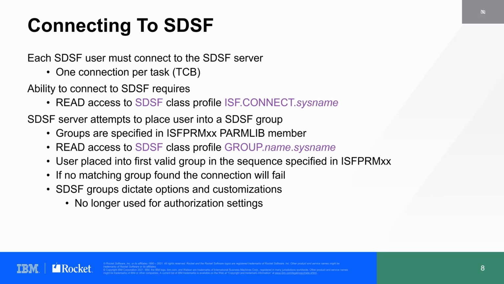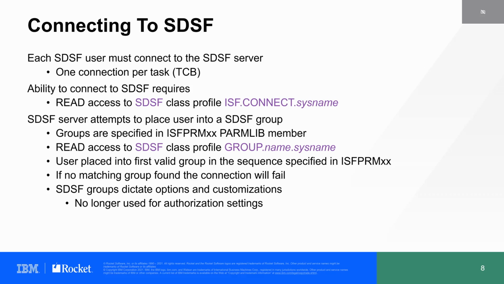What happens after you connect is that the server will attempt to place you into an SDSF group. Now, in the past, an SDSF group would contain customization options, and still does, but it would also control the non-SAF security definitions. That is no longer the case. Groups in SDSF now pretty much are just for options and customization settings.